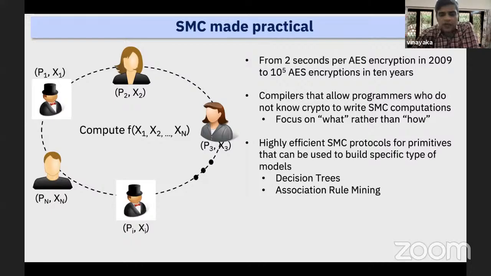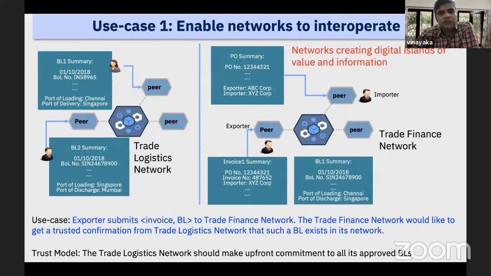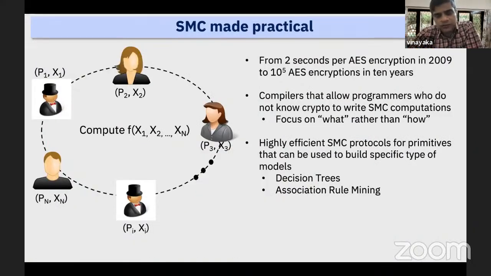So then what we can do is I'll bring it all together, right? How do these things come together in the context of blockchain? So far you have heard me talk about blockchain.